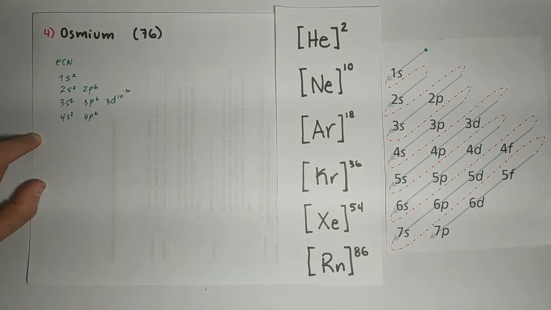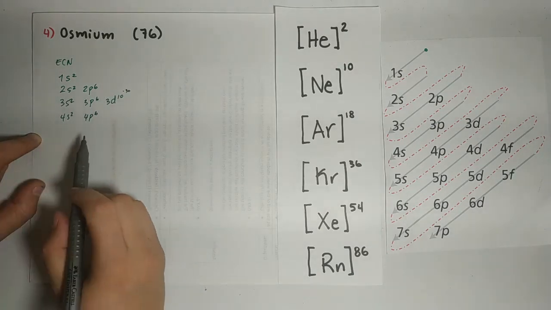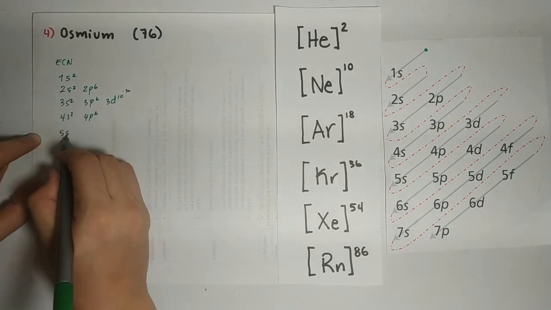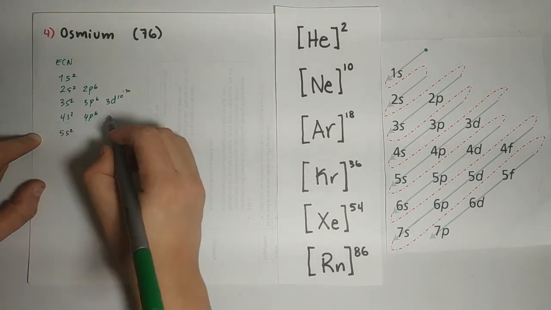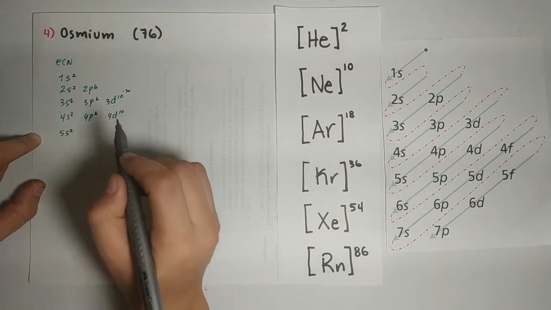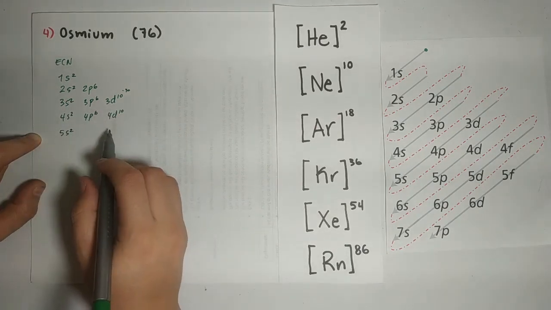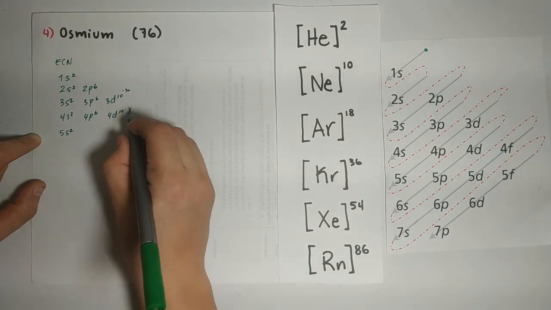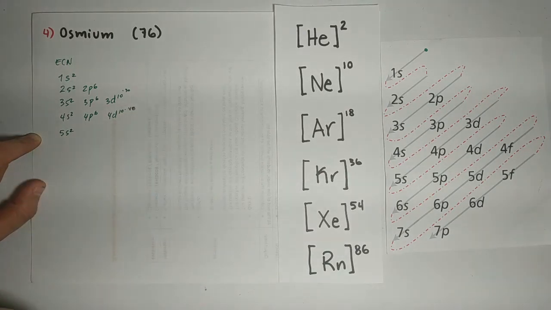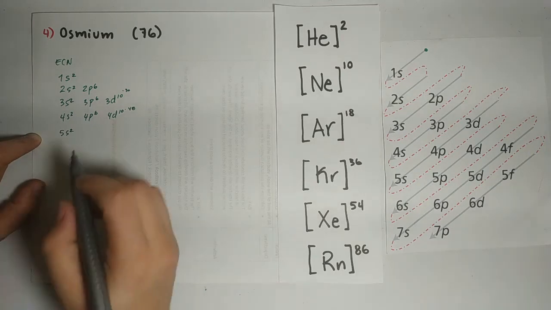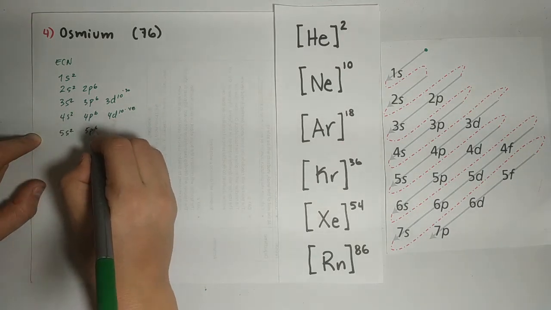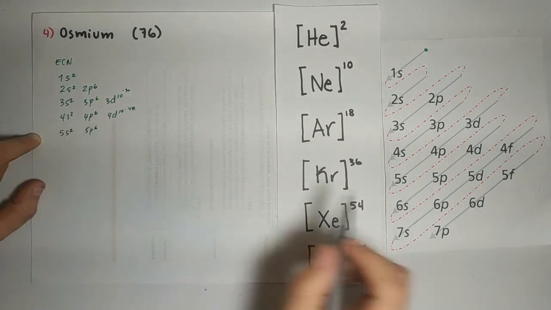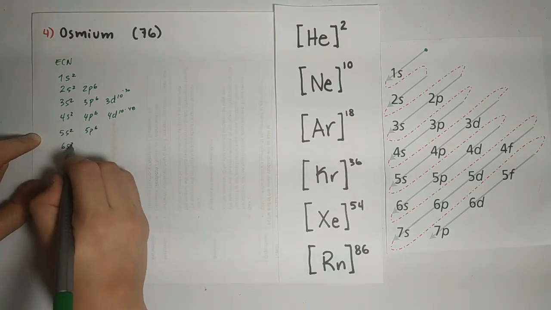Okay. Now 4p6, 5s2, 4d10. I have 48 now. After 4d10, I have 5p6. After 5p6, I have 6s2.